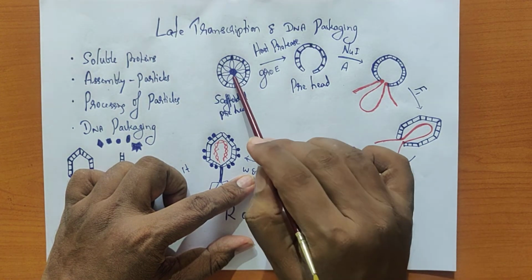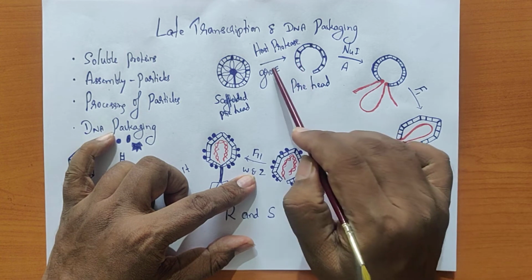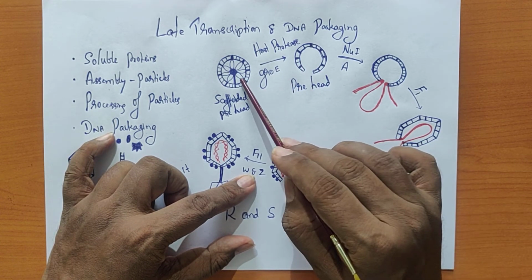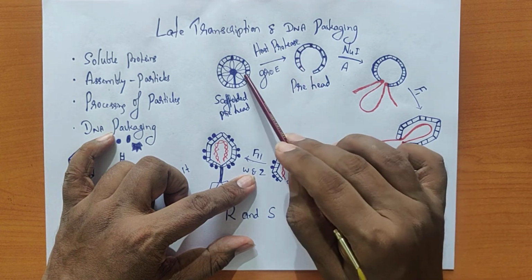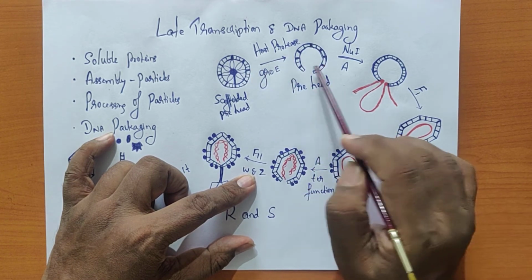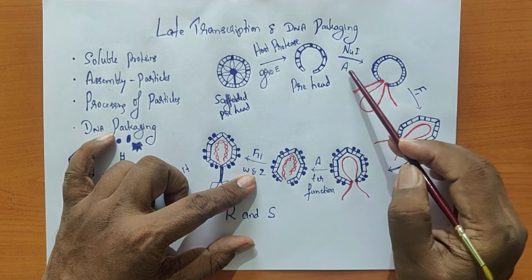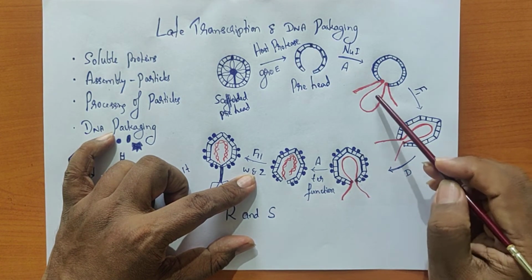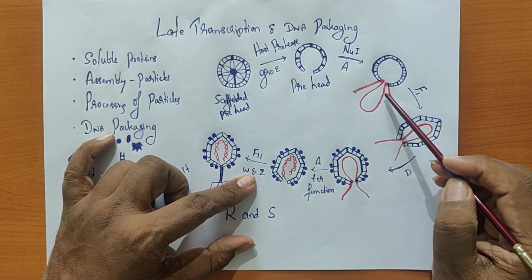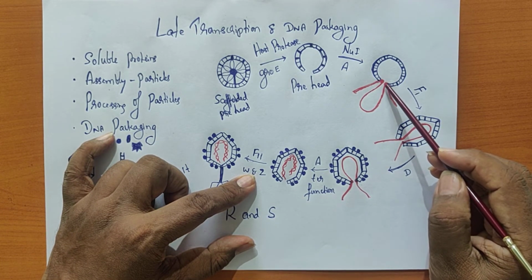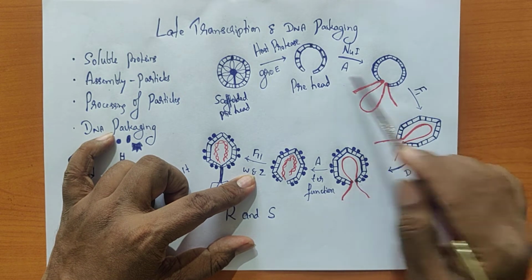So now it is a scaffolded pre-head. So now proteases are going to process this scaffolded pre-head into a pre-head. It is also called a maturation step. So now we have the pre-head. So into this pre-head, with the help of NU1 and A, the 2 cos sites of a tandem repeat DNA are going to be attached to the mouth of the pre-head.